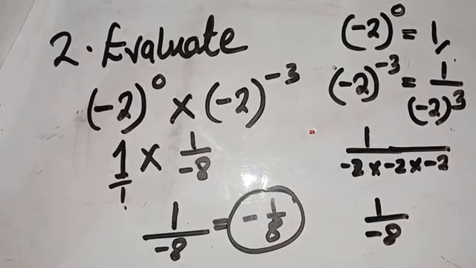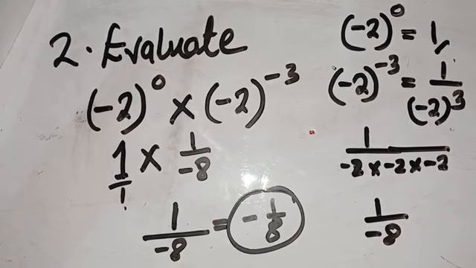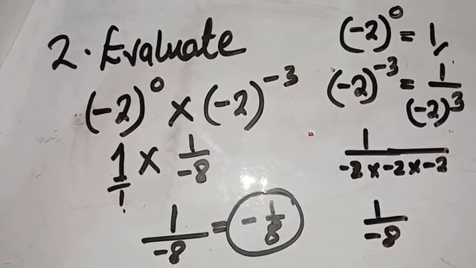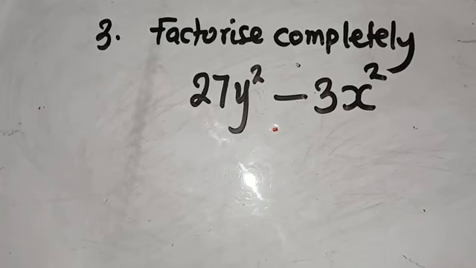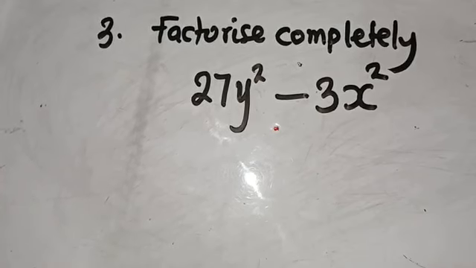Let me take you to the third question. Okay, so we have question 23 here. This is question 23. Ladies and gentlemen, how do we factorize? We're being requested to factorize this question. So you would see that the approach that we are going to take, first of all, we need to look at what type of method we are going to use here.